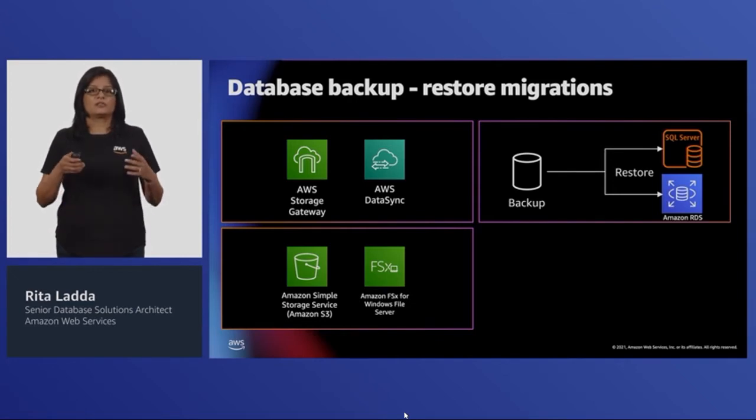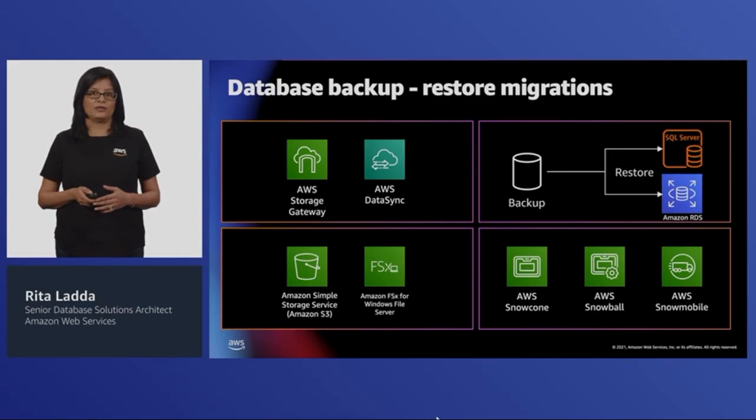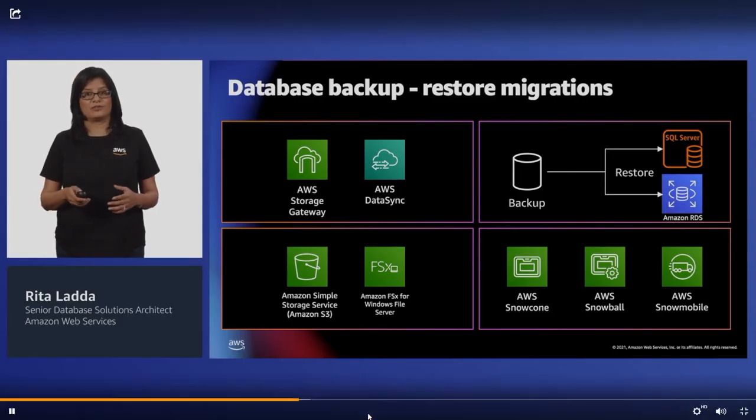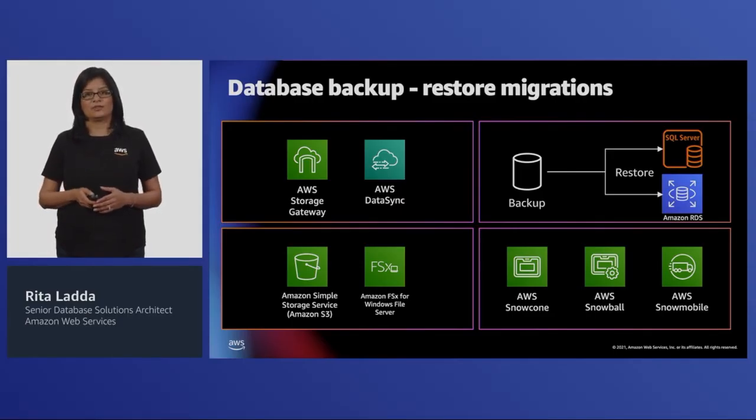If your database is too large or would take too long to transfer over the wire, AWS also offers the Snow family of products, which can transport terabytes to exabytes of data into AWS. This option will work for both EC2 and RDS SQL Server. You can use full, differential, and log backups to minimize the downtime for migration.